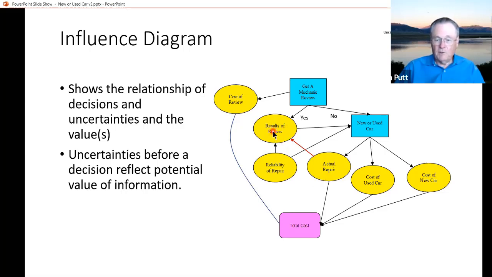Now, given that I have the results of the review, I can make a decision on whether to get a new or used car. Then these three factors come into play again to give me the total cost. That's what the influence diagram looks like. I've shown this arrow in red because it says the results of the review are conditional on the actual repair costs, which I don't know, but I'm going to include that in the probabilities, and then we'll do the Bayesian inversion to do the analysis.